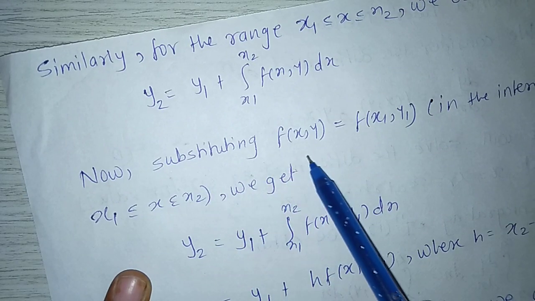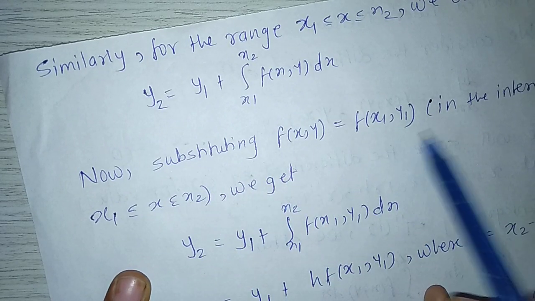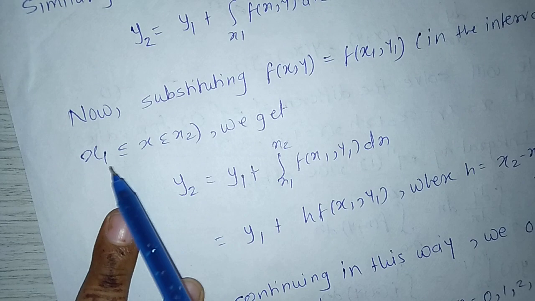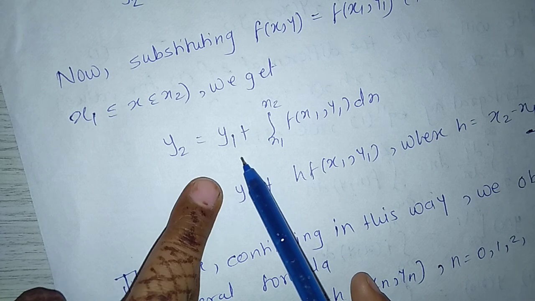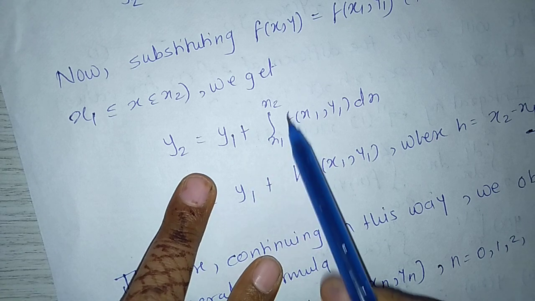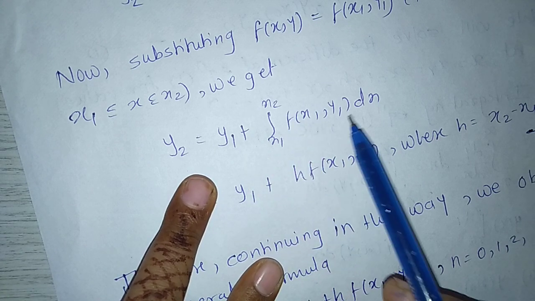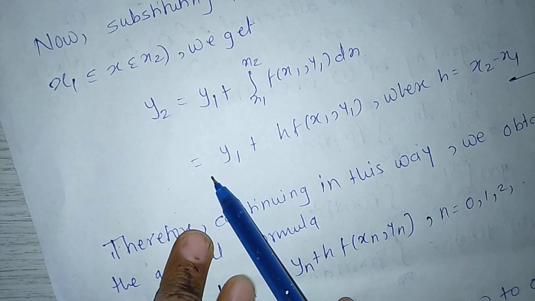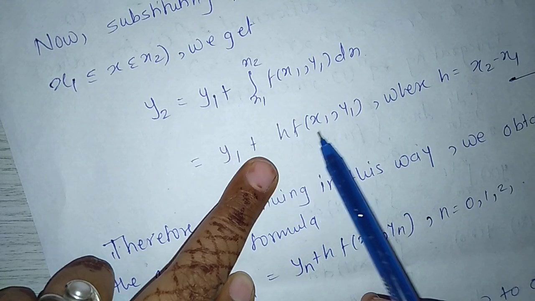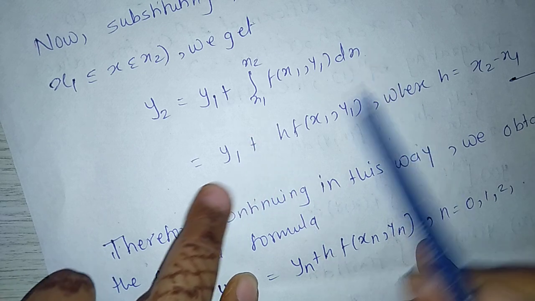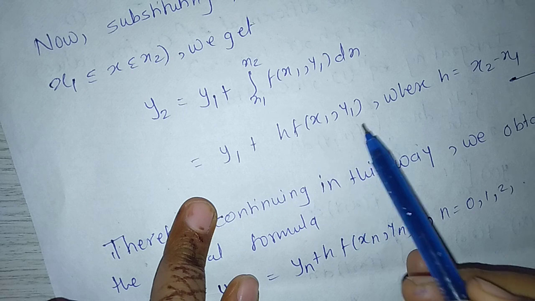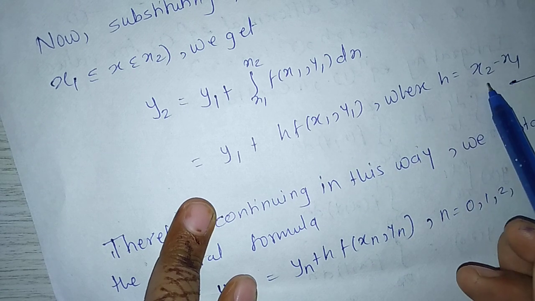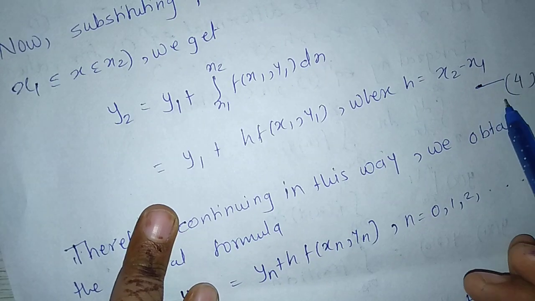Now substituting f of x, y equal to f of x1, y1 in the interval x1 less equal x less equal x2, we get y2 equal to y1 plus integration x1 to x2 f of x1, y1 dx, equal to y1 plus h into f of x1, y1. After simplifying this, we get y1 plus h into f of x1, y1, where h equal to x2 minus x1, give as equation number 4.